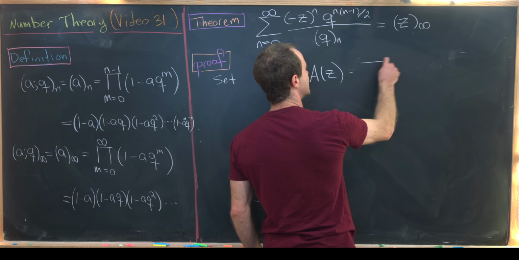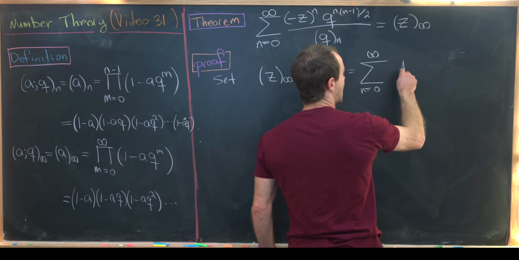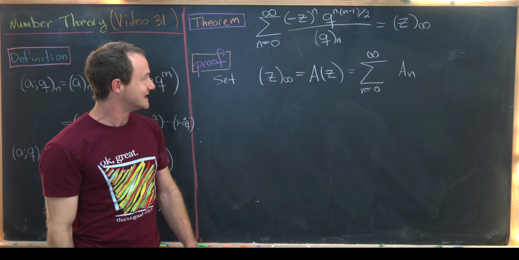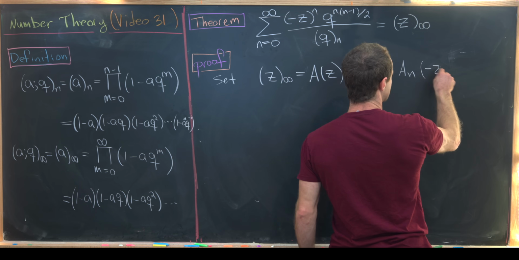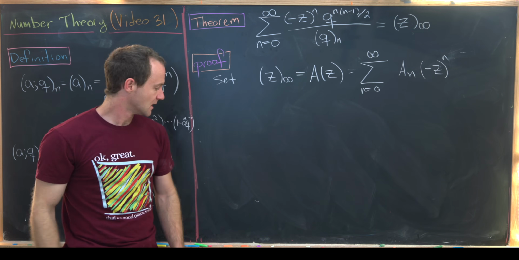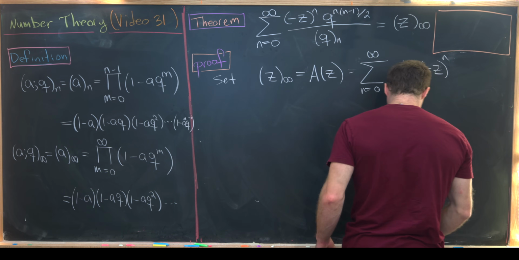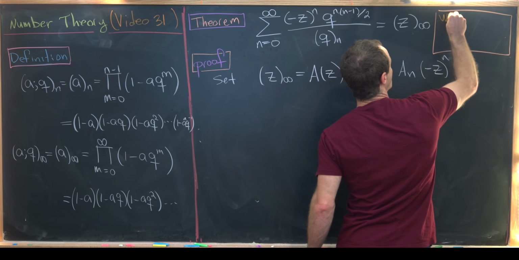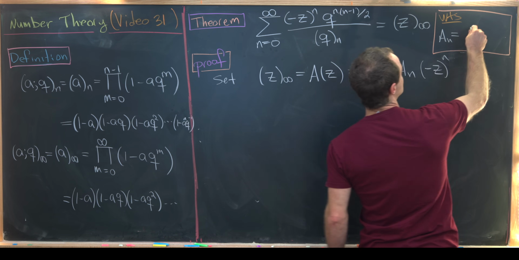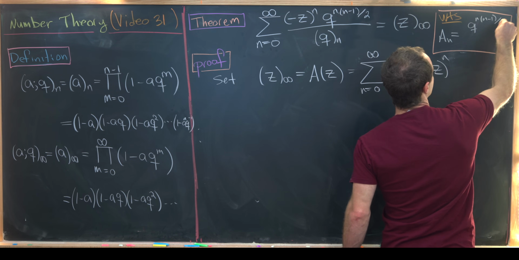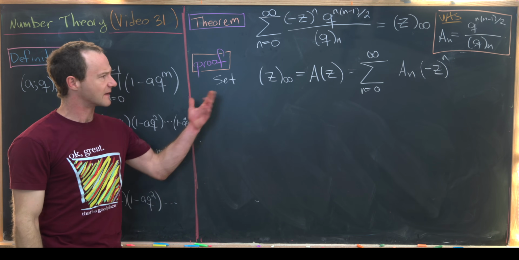And then this will be the sum as n goes from 0 up to infinity of a_n, and then instead of doing z to the n, being inspired by what we see in the theorem, I'm going to do (minus z)^n, so it's an alternating sum. So let's see, what does that mean we want to end up with for our a sub n? Just to reiterate, we want to show that our a sub n in this case is equal to q to the n(n minus 1)/2 over the Pochhammer symbol (q;q)_n, like that. Okay, so let's get going on this.